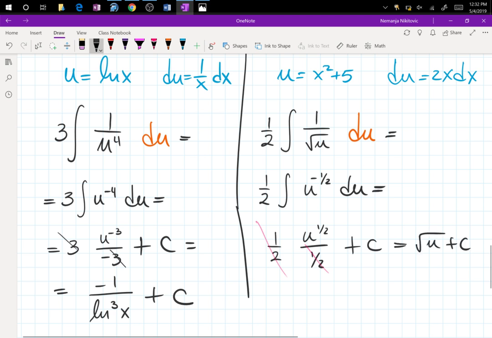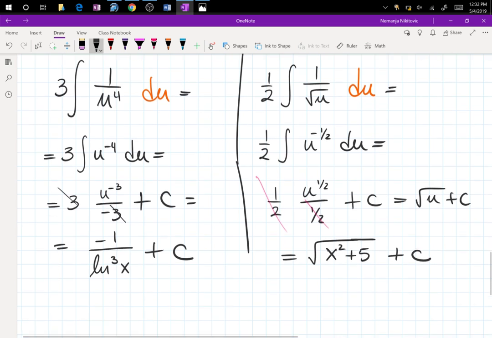Now, I don't care about u, I care about x, which means we put x squared plus 5 under the square root, plus c, and we're done. So that's the answer.